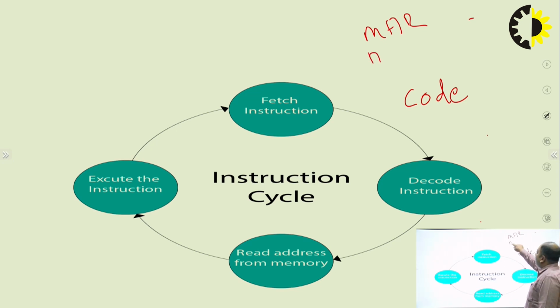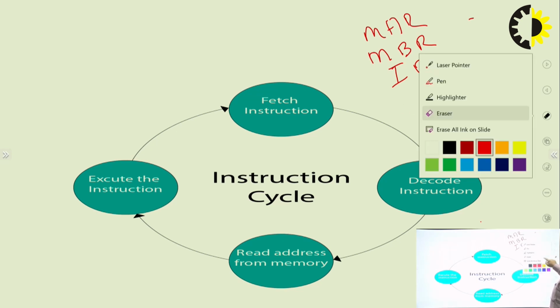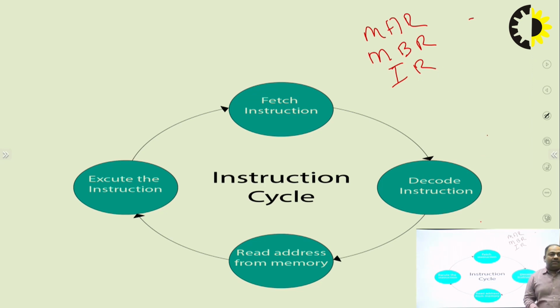MBR, memory buffer register: the connection is done through the data bus. And through IR there is a control bus, because IR is directly connected to the control unit. In this way we use the system bus for the execution of our instruction.